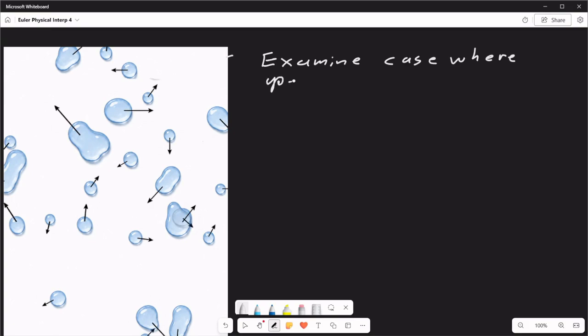Pressure equals 0. So there is no pressure, there is no gradient of pressure. The question is, what does this actually look like? To begin with, incompressibility ends up being maximally violated in this case. So what happens is the gradient dot u vector does not equal 0.